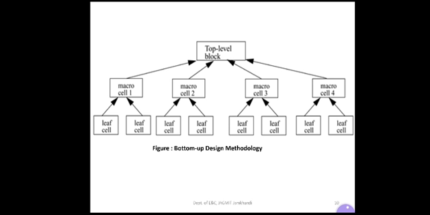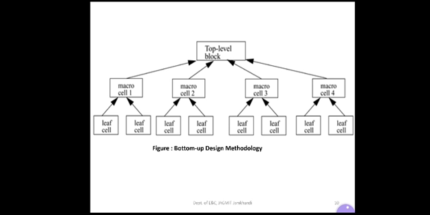These cells are then used for higher level blocks until we build the top level block in the design. Using a number of macro cells, we build one particular top level block. Until we reach the top level block, we keep building these types of blocks.